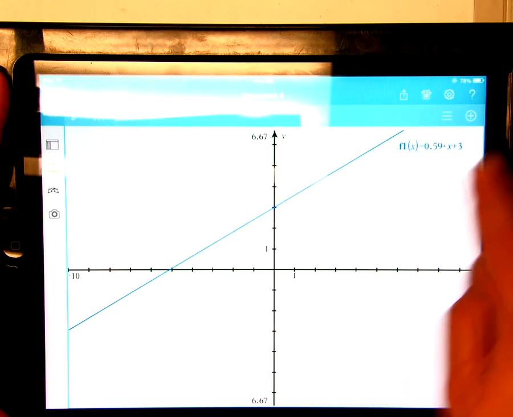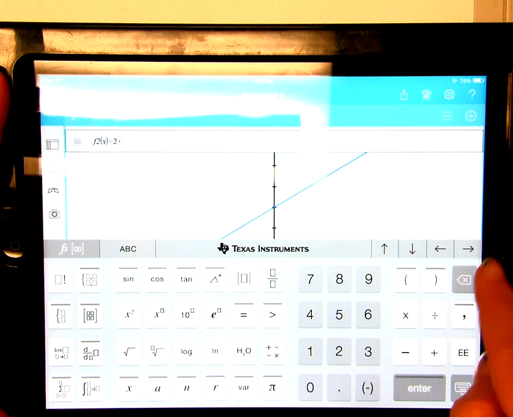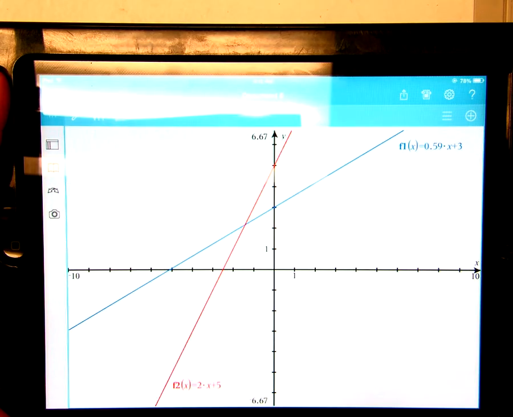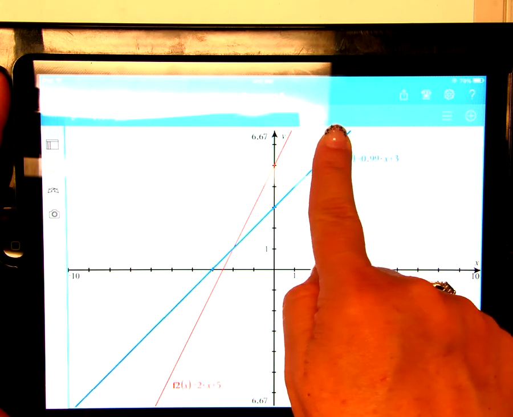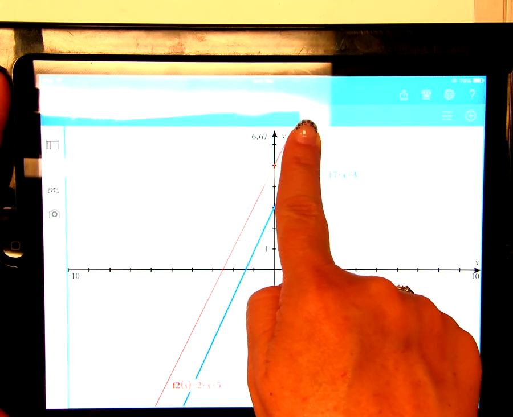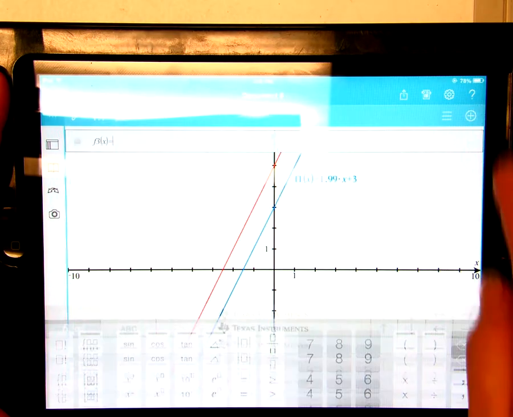I can do this. I can say, what if it was 2x plus 5? Okay, of course I've changed the steepness now. Let me change it back to 2, or really close to 2. Hopefully you can see what changed that time.